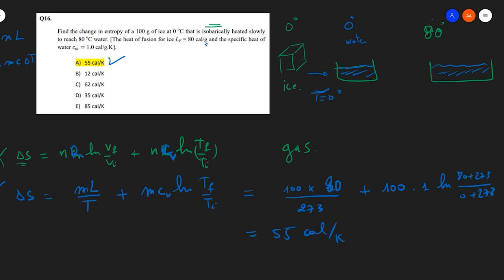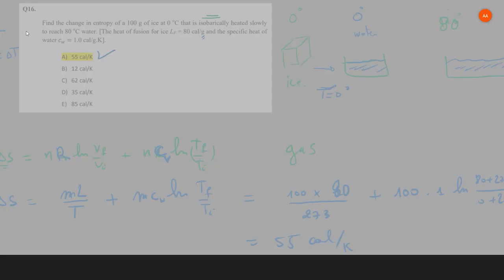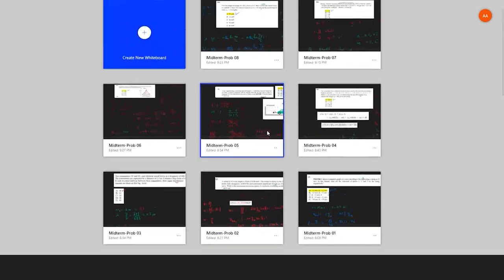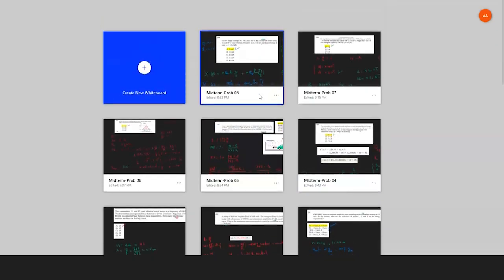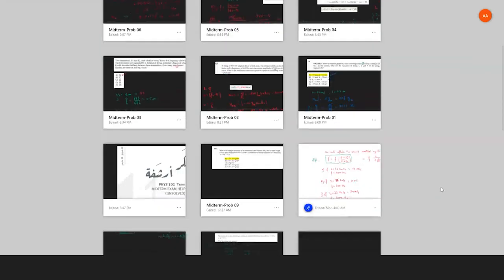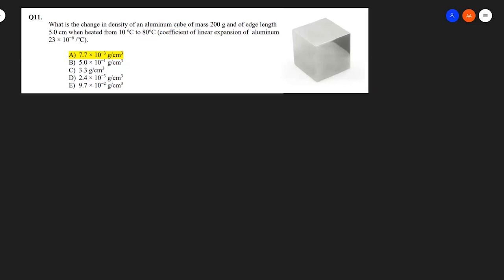Okay, so let's come back to the last problem. Should be number 9. Where is it? I don't see number 9 here. Yeah, this one. Okay, so this one is about thermal expansion.